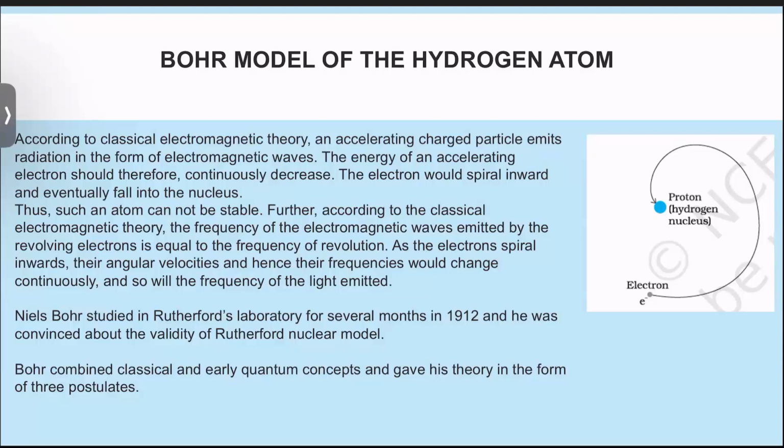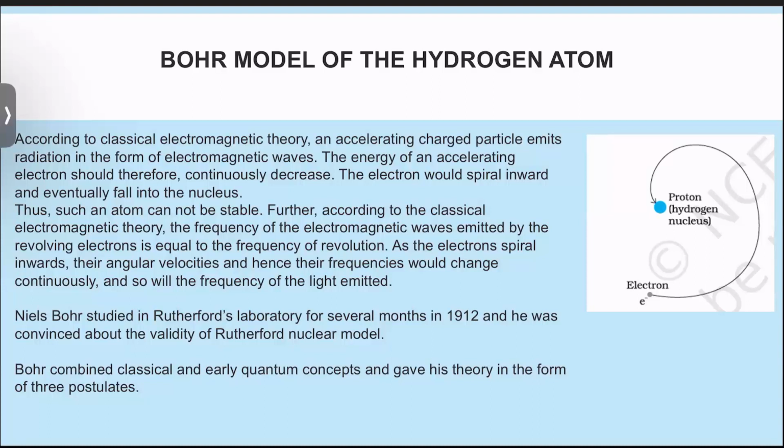Thus there would be a continuous spectrum, which is not what we saw when we were considering the line spectrum. So we can say that the Rutherford model, though it is valid and could be supported by experiments and spectra, does not tell us the entire story of the atomic structure.